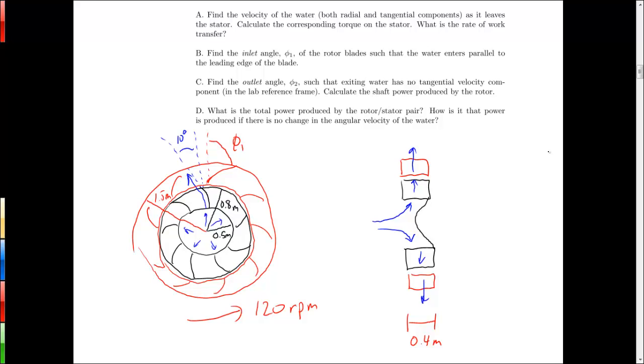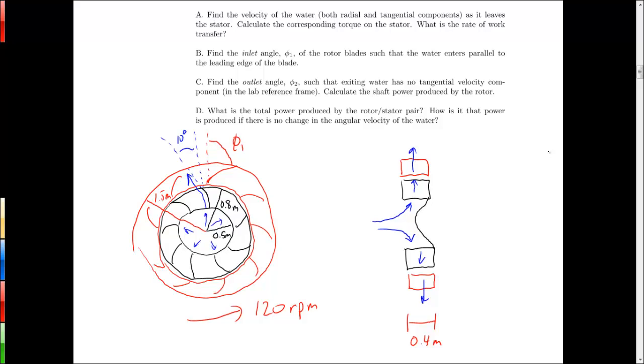So here we're going to continue with our rotor stator example. In a previous video, we set up the problem and we solved part A, where we found the water velocity coming out of the stator of our stator-rotor turbine combination.